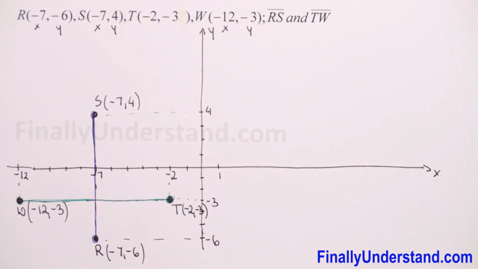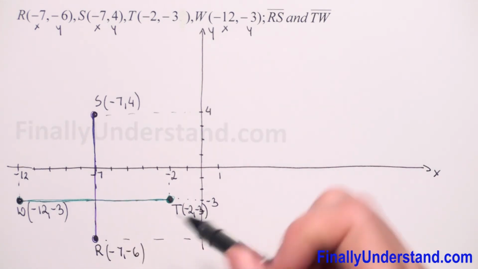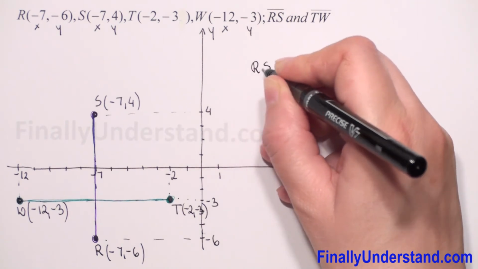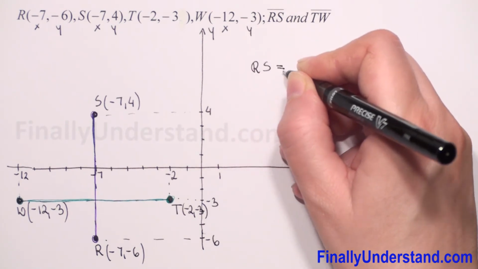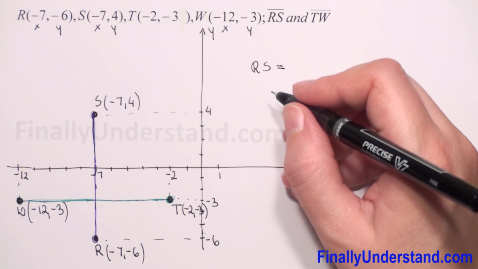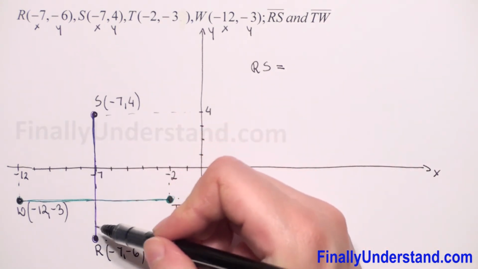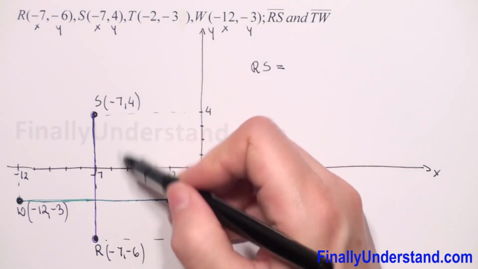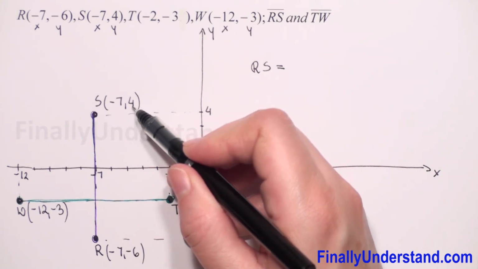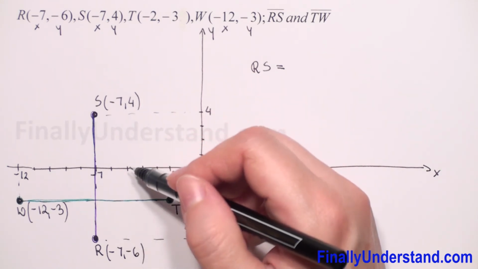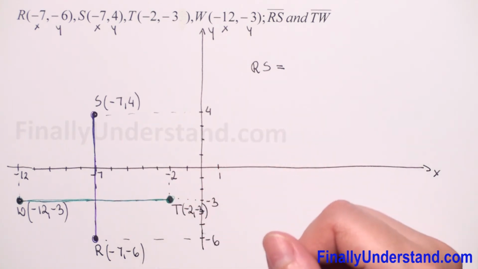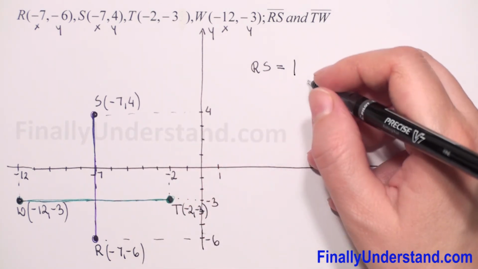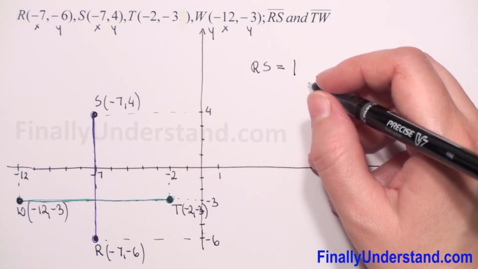So let's first find the length of segment RS. When we have a vertical segment, we see that the first coordinates are the same, only the Y coordinates are different. So we have to find the absolute value of the difference of Y coordinates of the endpoints.